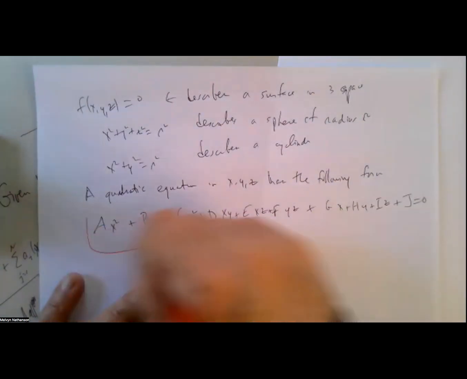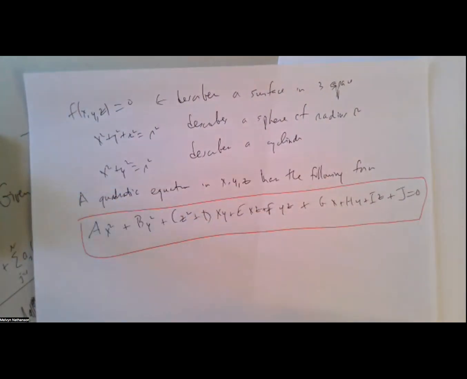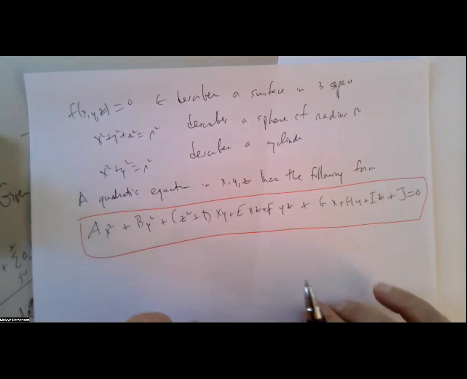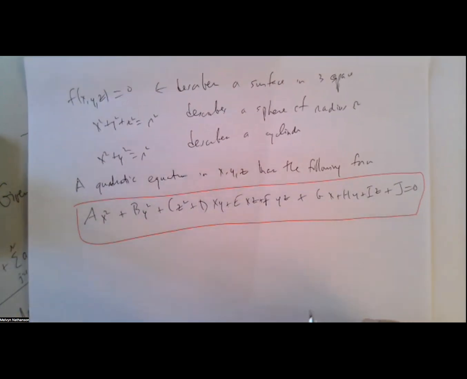So this humongous and rather unpleasant looking thing is a quadratic equation in 3 variables. And if you fix such a quadratic equation, you can ask for what are all the points x, y, and z that solve that equation.